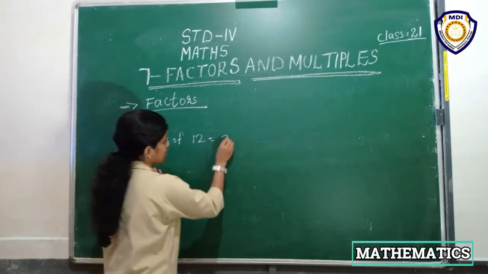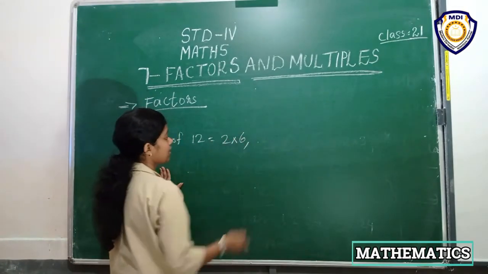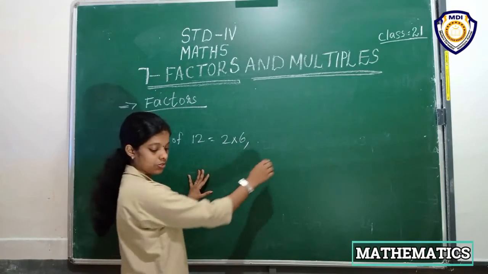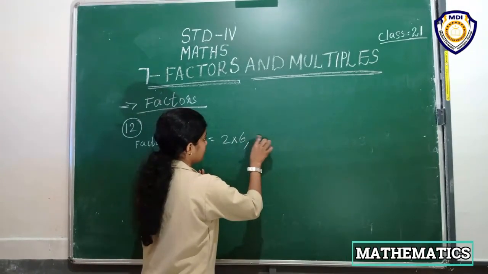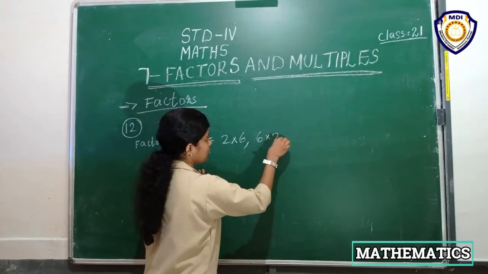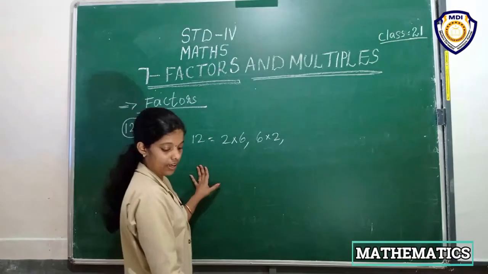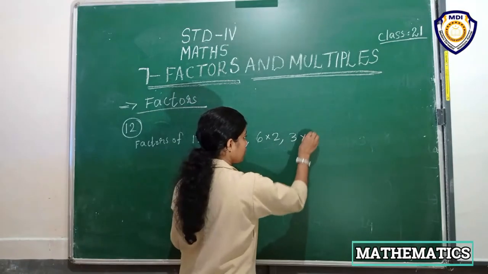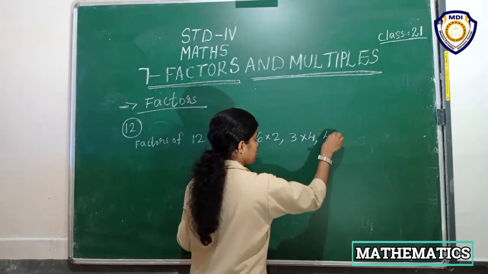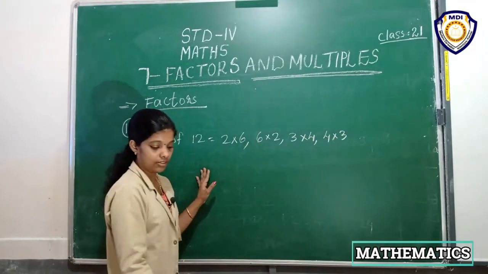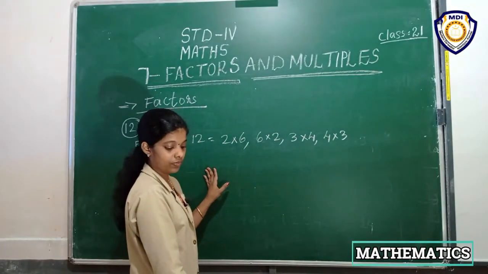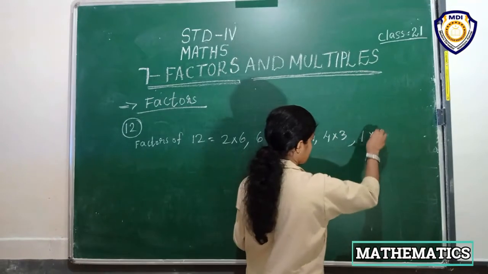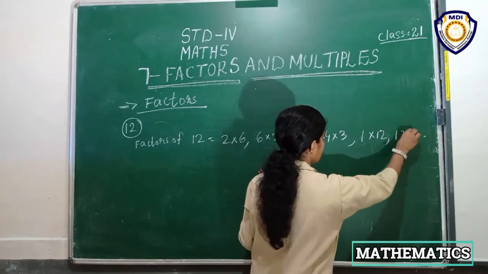2 into 6. Then 6 into 2. Then next number, 3 into 4, 4 into 3. Then next, 1 into 12 or 12 into 1.